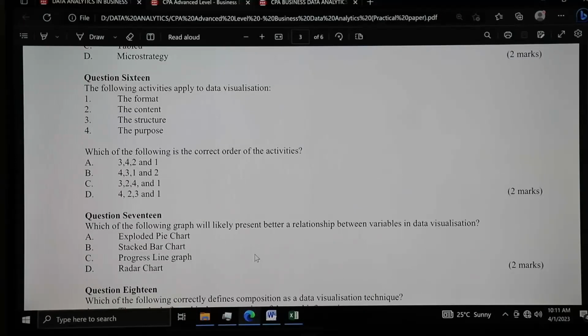Here we are told to give the chart that represents the relationship in the best way possible. If you use a progress bar, it shows us the relationship between the set of variables given.